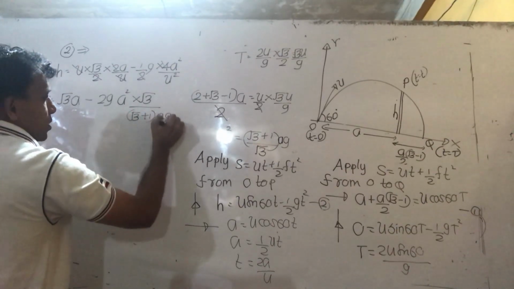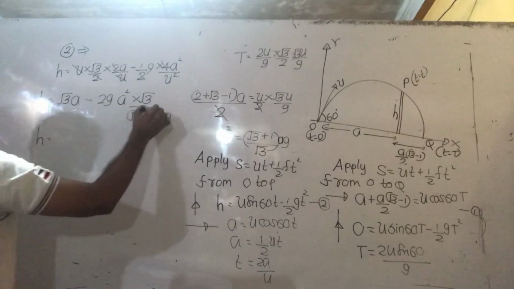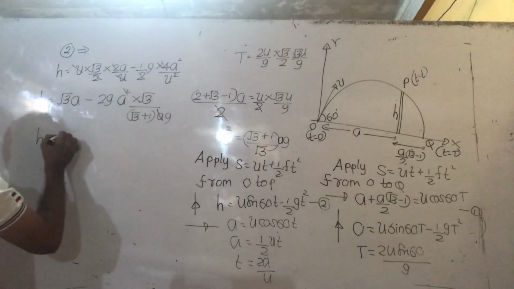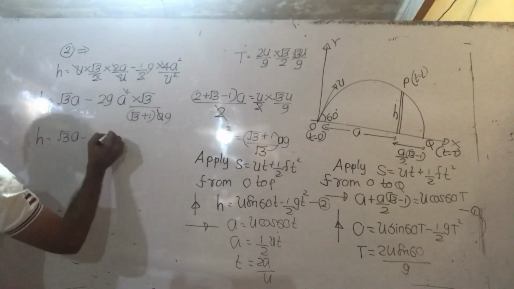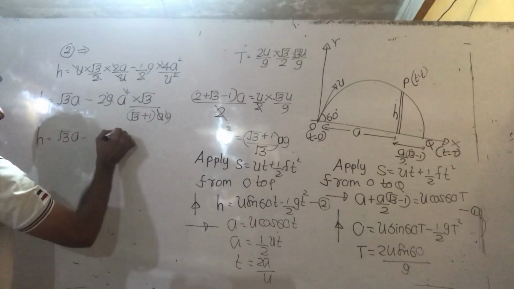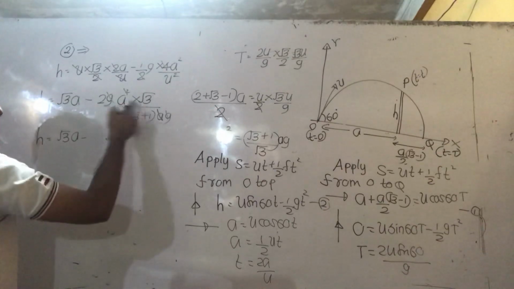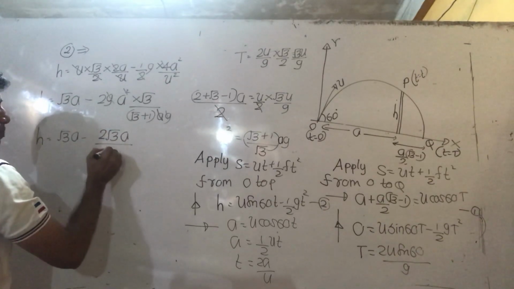Therefore, the height of the wall, simplify further. Then 1a cancels, root 3a minus here g cancels, root 3a, 2 times over root 3 plus 1.